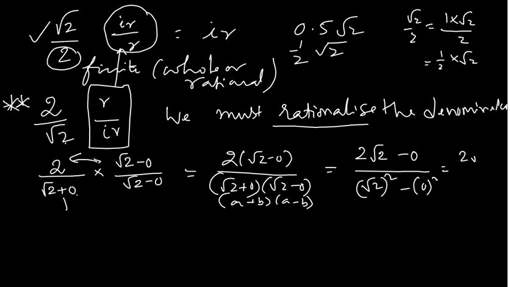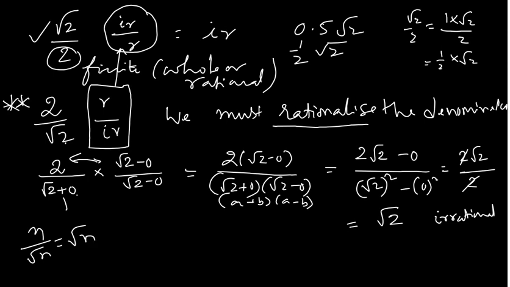So 2 root 2 is the numerator. The denominator will be 2 minus 0, which is 2. So this 2 gets cancelled. So the answer is root 2. This is irrational. In fact, for any number divided by root n, the answer is root n.